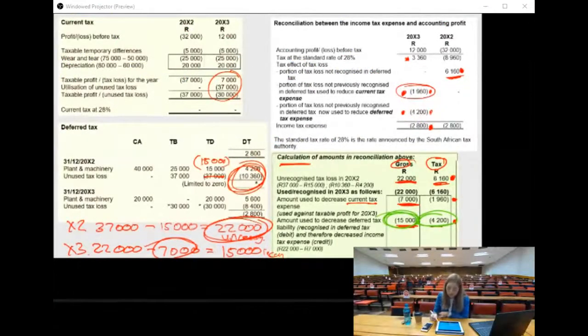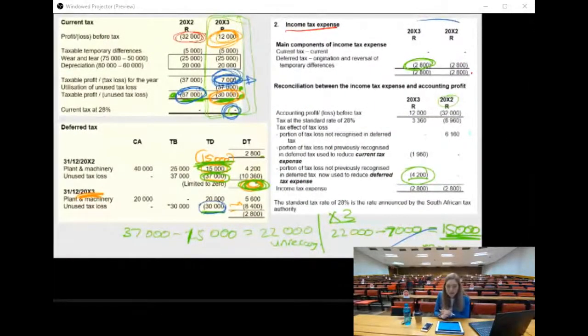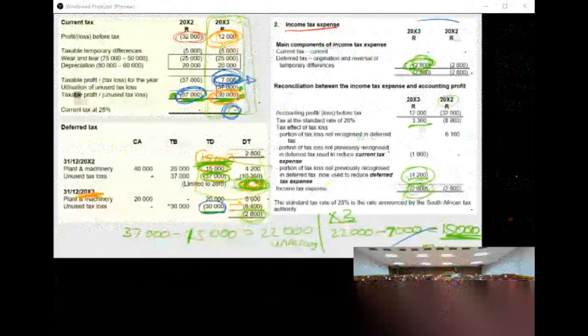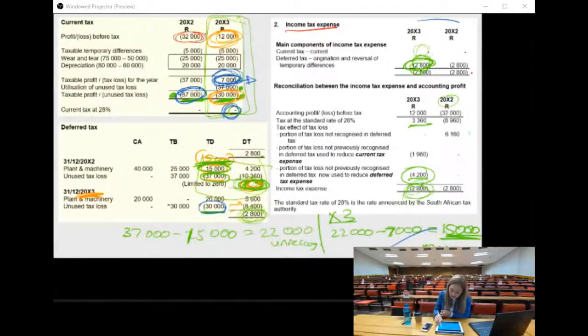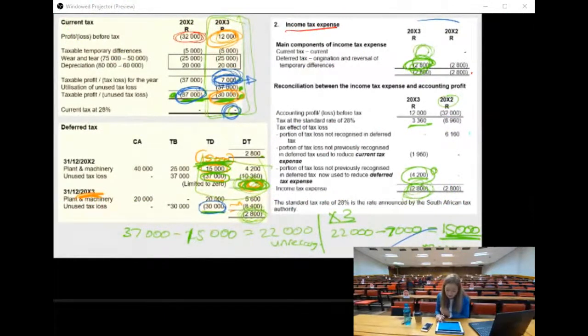Remember, if we were able to recognize the full amount, then this movement would have been different, because now this movement is a movement from 0 to 2,800 asset. But if we were able to recognize the full amount last year, this amount would have been different, and we would get to the 3,360. But the reason why this amount is not 3,360 is because, first of all, we don't have any current tax, and second of all, there's an additional portion that I'm recognizing.